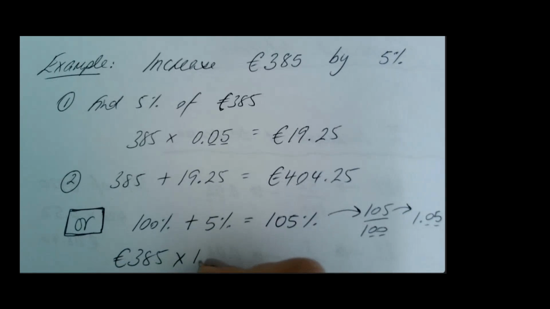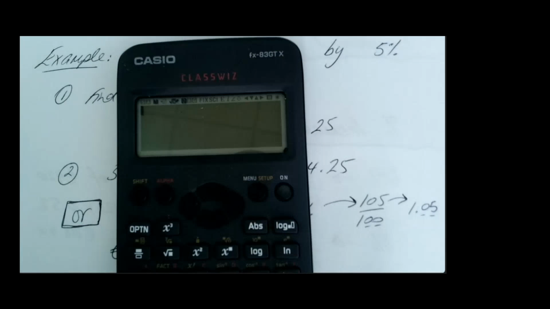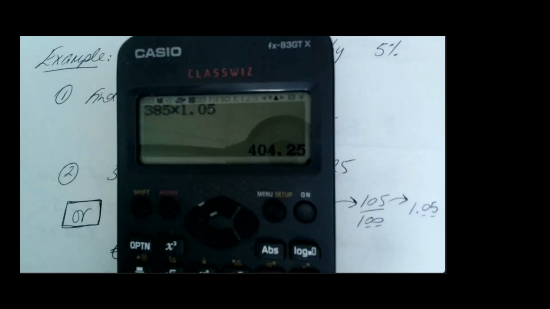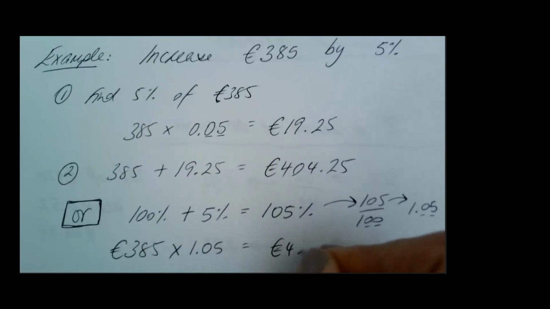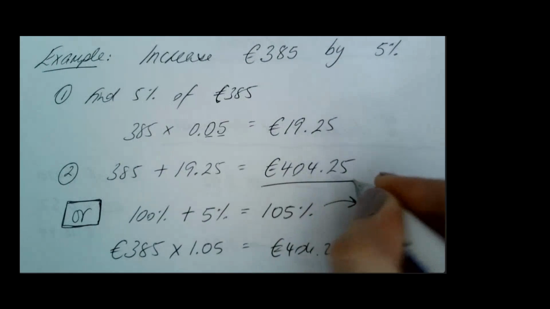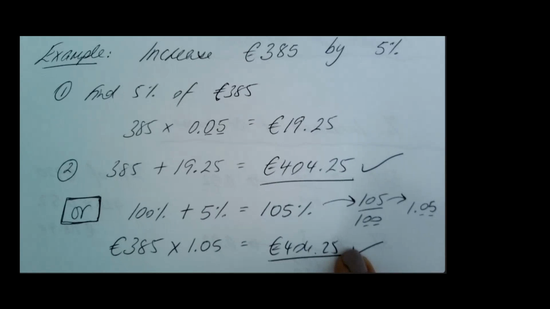So if I just multiply by 1.05 here, I'm getting 404 euros and 25 cents, which was my final answer here. But I'm doing it in one quick step.